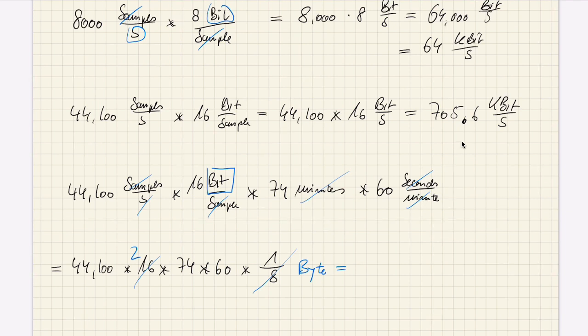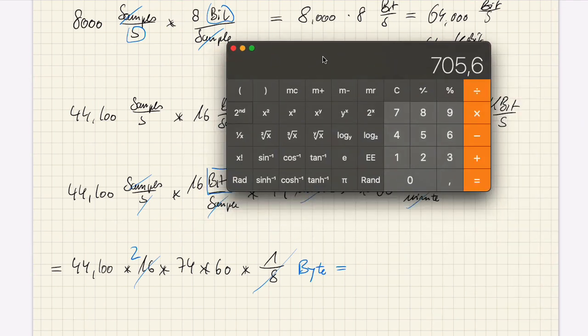Again, put this into a calculator. 44,100 times 2 times 74 times 60. So these are the required bytes. I will divide it by 1024. So I get kilobyte. And once again, divided by 1024, I will get to megabyte.